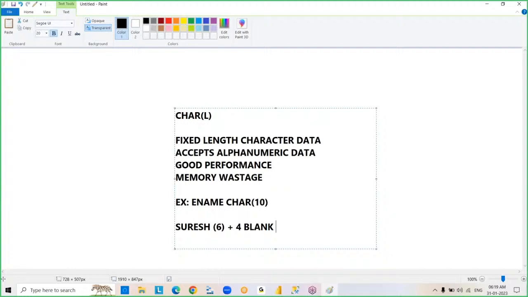If it occupied only 6 bytes, then no issues. But it occupies 6 bytes for the data we inserted, and the remaining 4 bytes go for blank padding. And that is a problem.